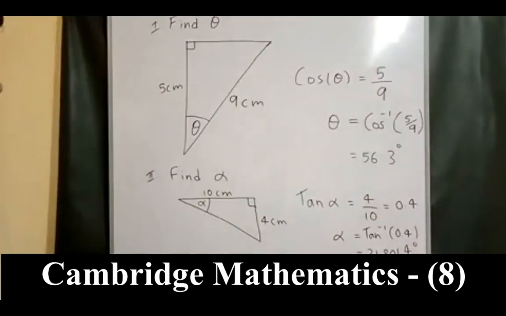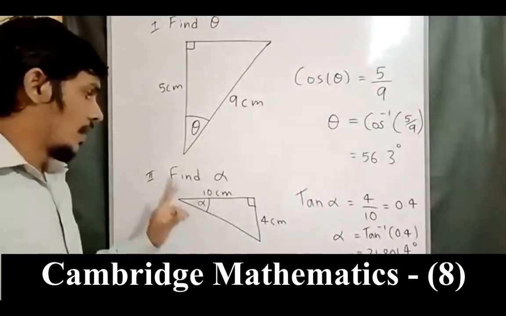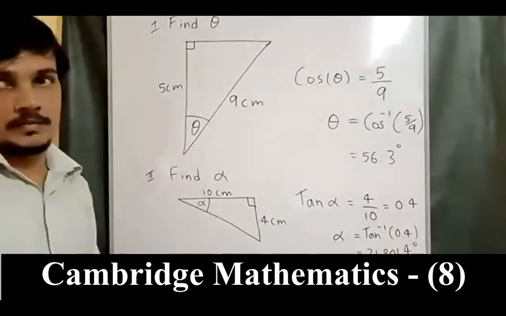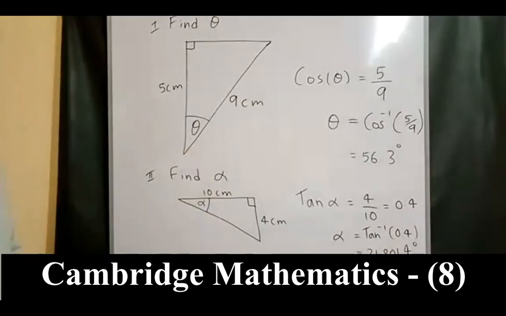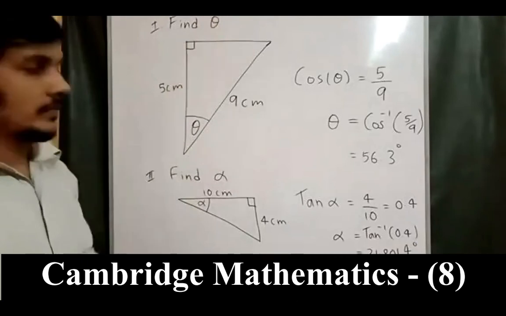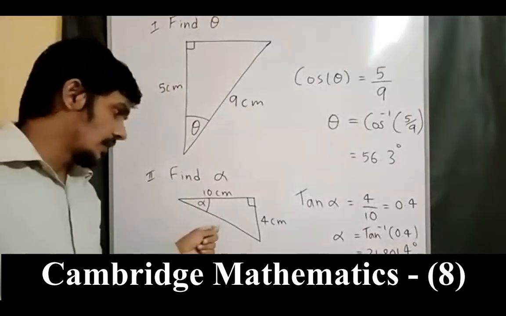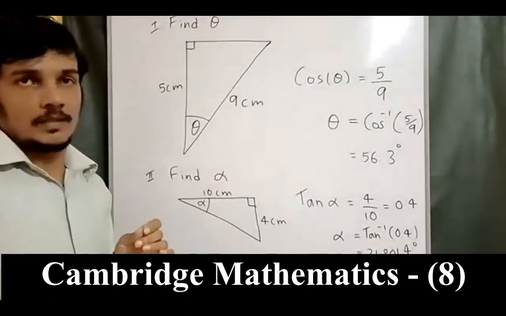Now we have done two examples of how we can apply sine, cosine, tan ratios to find unknown angles in triangles. Then two sides are covered, but one thing is missing. You can see here they had not given this side, and here also they hadn't given this side. There is a method called the Pythagoras theorem.